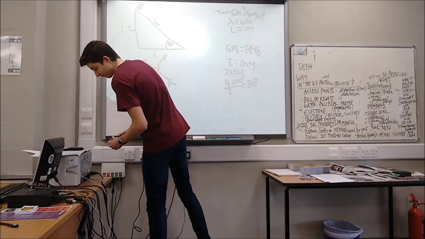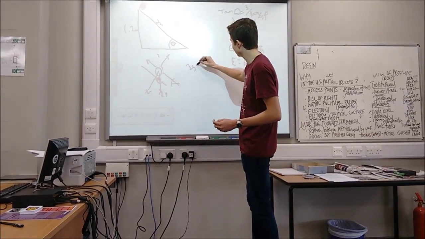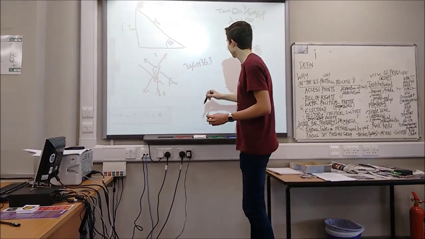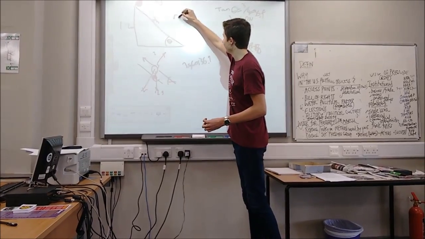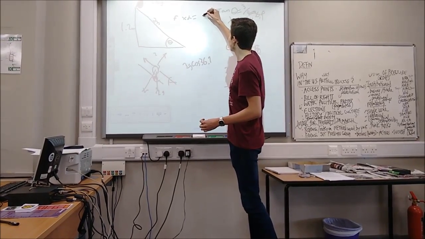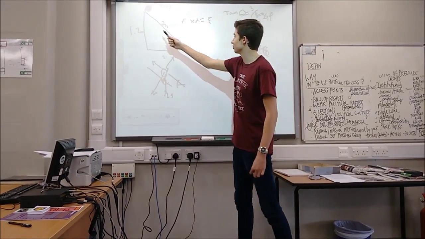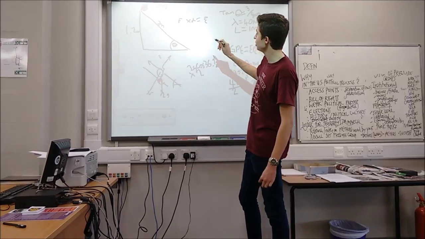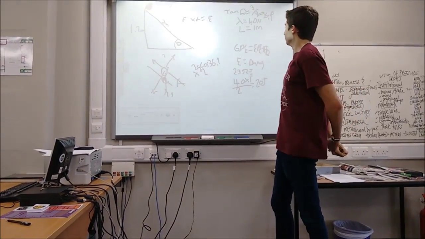And once we have that, we can do 2g cos 36.9, it's hard to read, and because force times distance equals energy, we know that this force times the distance travelled, 2, equals the energy lost to friction.